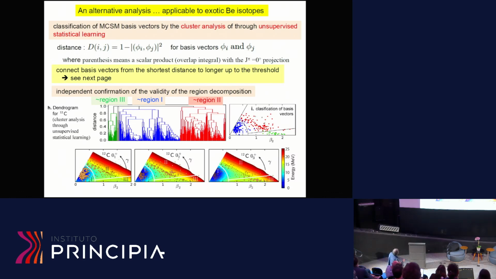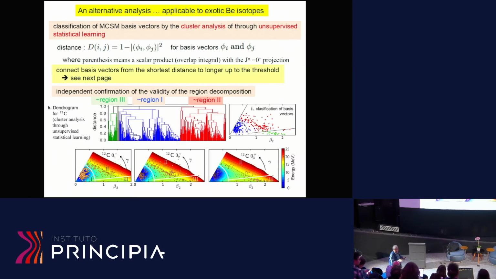So by doing this kind of analysis, you can decompose all basis vectors of the carbon 12 calculation. You can obtain region 1, region 2, region 3, and this actually corresponds to this region. This one corresponds to this region, and that one corresponds to this region.